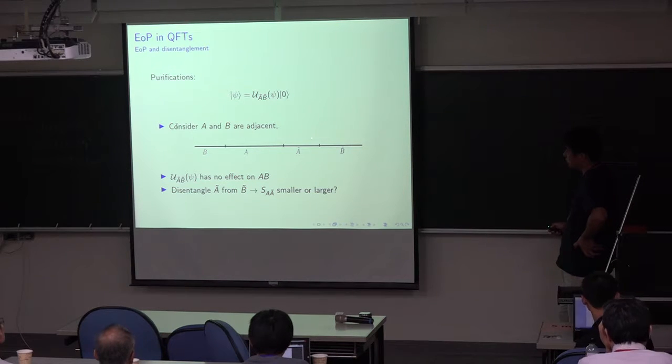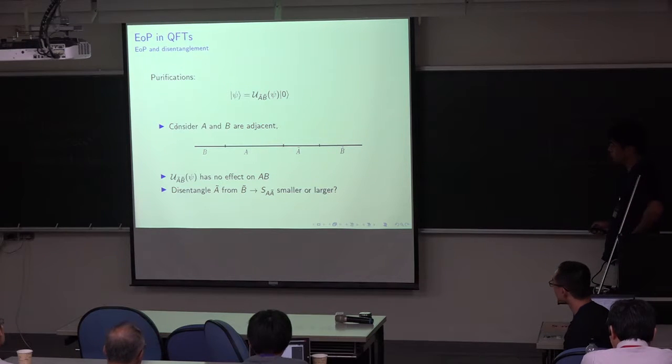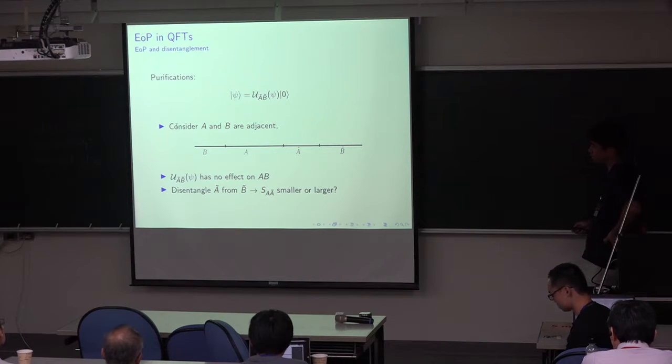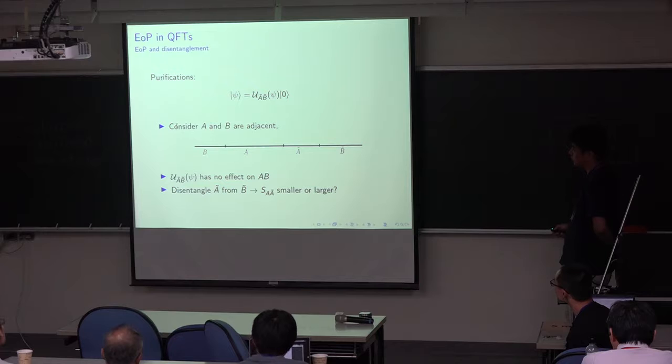So these operations only affect this part, and we know that the entanglement entropy of A2 and B2 usually satisfies the area law. This means it can be roughly understood that the correlation at the boundary of A2 and B2 is very large.